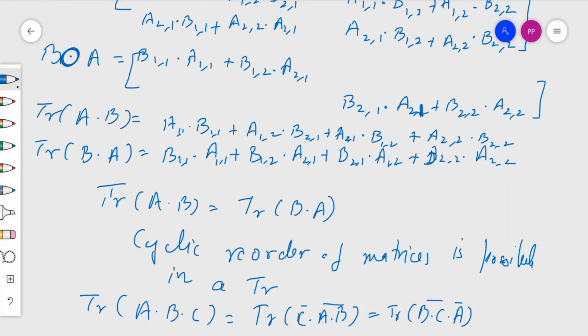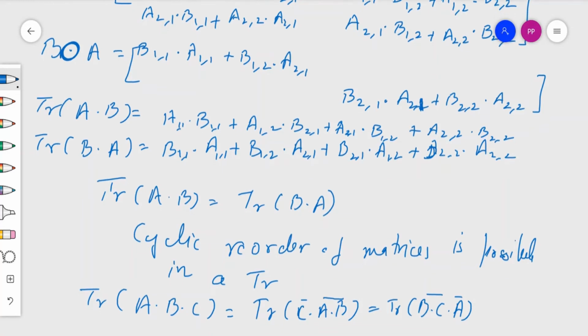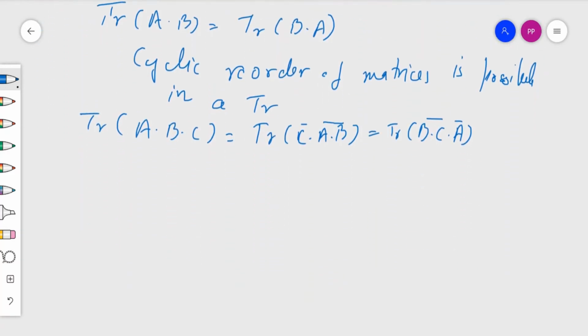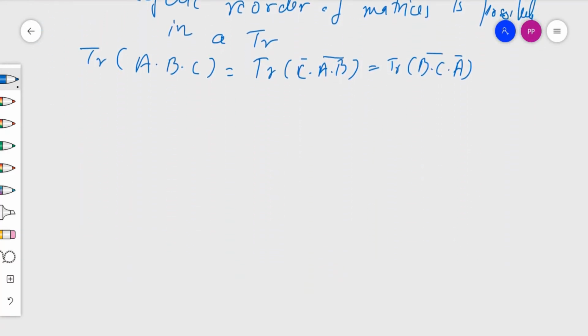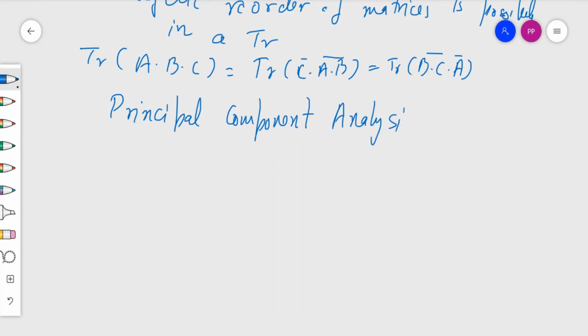So with this basic knowledge, let us try to understand an application in the algorithm of machine learning that is popularly known as principal component analysis, also in short called PCA.